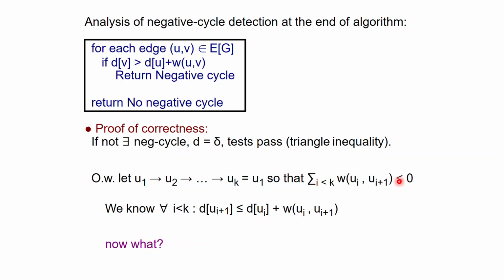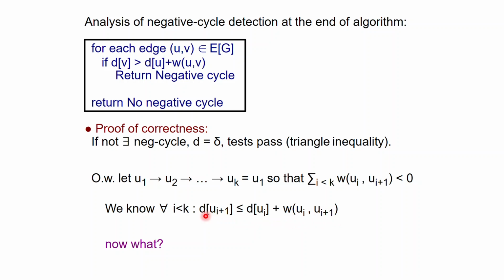Suppose now that the algorithm didn't detect the cycle. This means that this thing never occurred. So it was the case that d of u_{i+1} is always at most d of u_i plus the weight of the edge u_i to u_{i+1}, because otherwise we would have detected it.